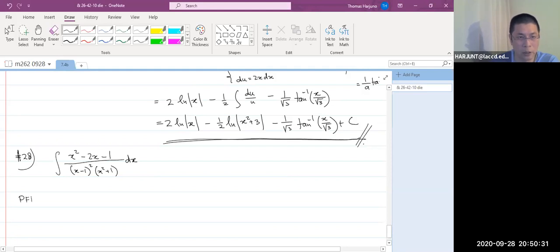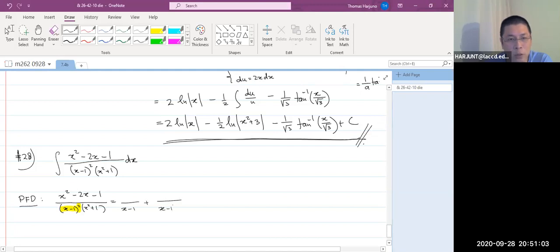Partial fraction decomposition. (x squared minus 2x minus 1) over (x minus 1) squared times (x squared plus 1) equals. So we see x minus 1 is linear with multiplicity of 2. Right? So I need to have x minus 1, x minus 1 squared. You see that if you have repetition?